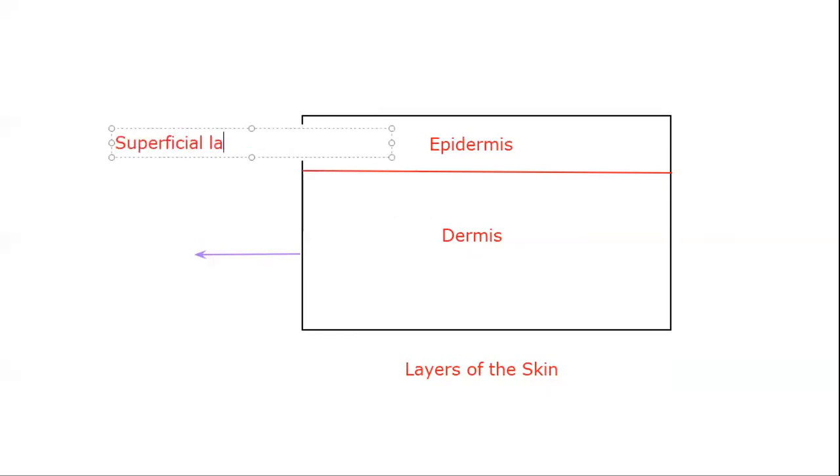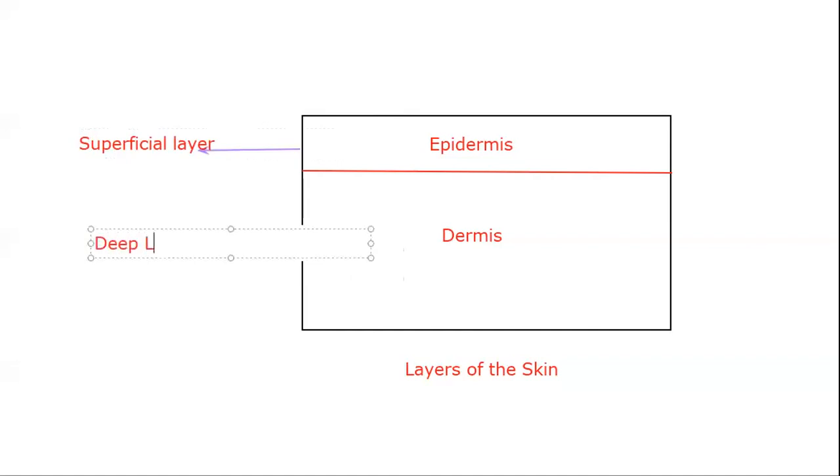The first is the superficial layer of the skin, and the second one is the deep layer of the skin. So this is the basic layering of the skin. Now we would move ahead with our slide presentation.